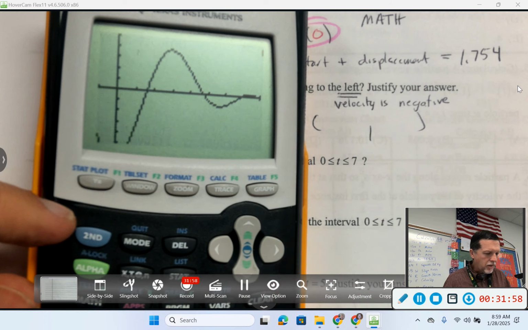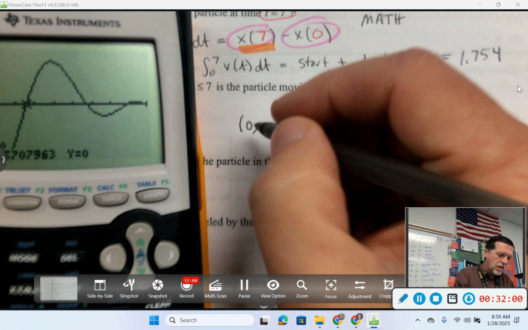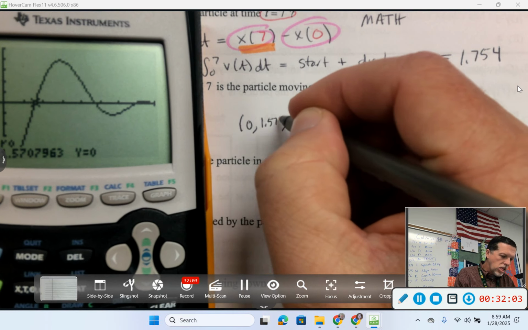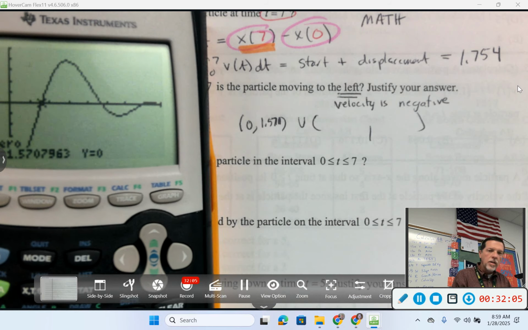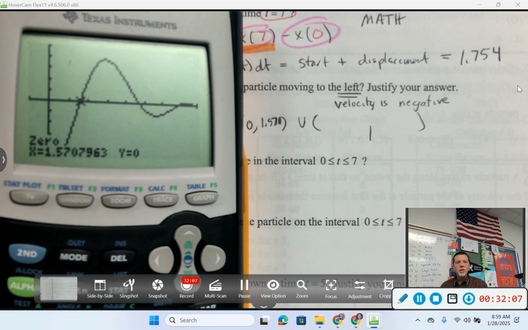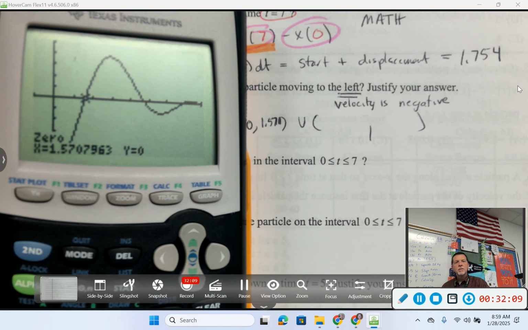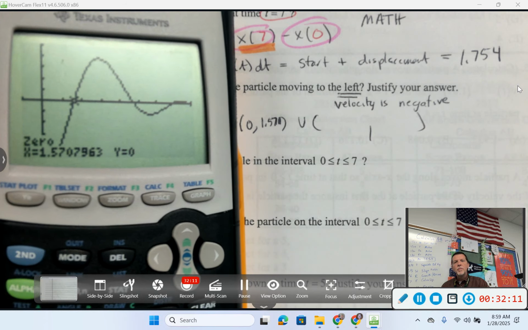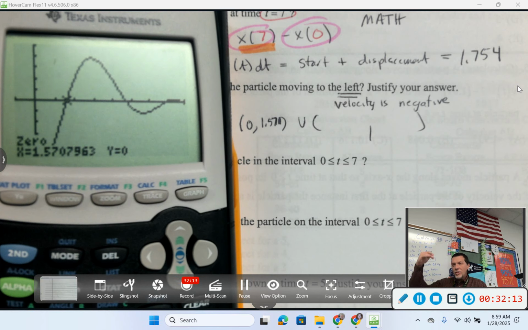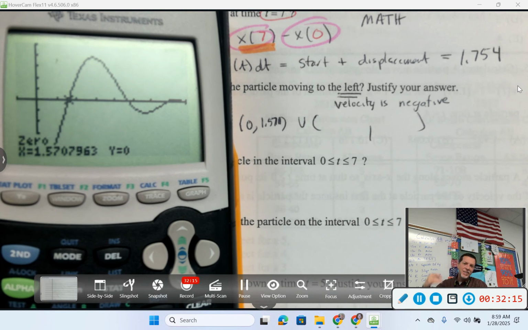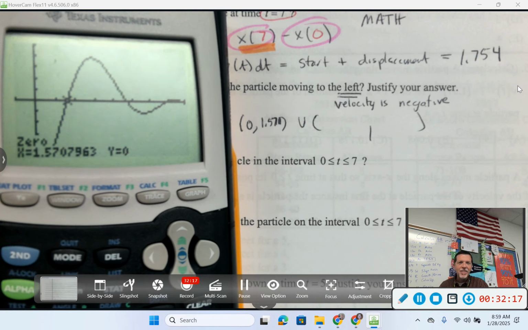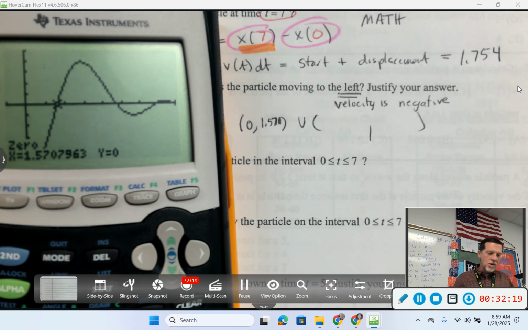Left bound, right bound, guess. 1.571 is my first zero. So my graph is below the axis, means my velocity is negative, means I'm moving to the left from 0 to 1.571.